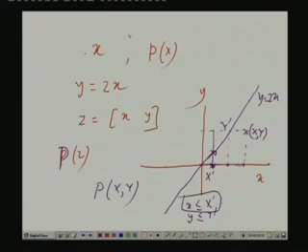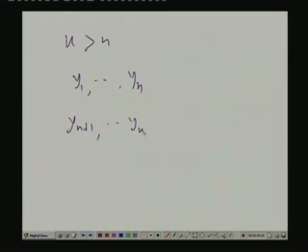So, this explains why for the case k greater than n, we can just happily take up to y1 to yn and find out the probability density of this, because as I told you, y n+1 to y k, each of them can be expressed in terms of this.